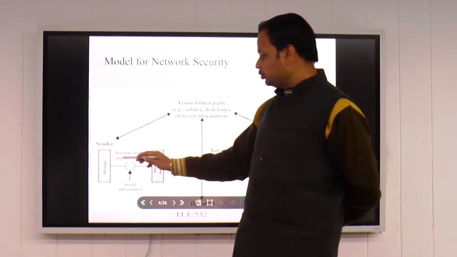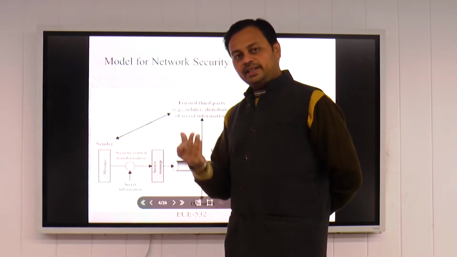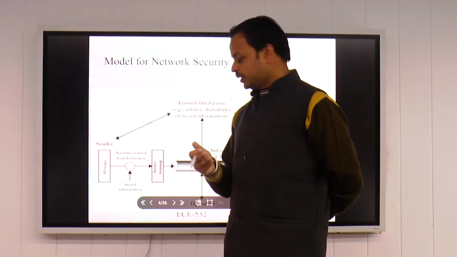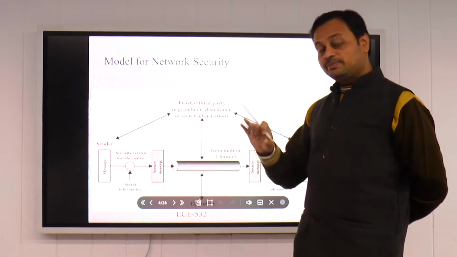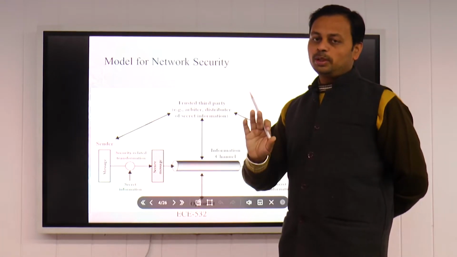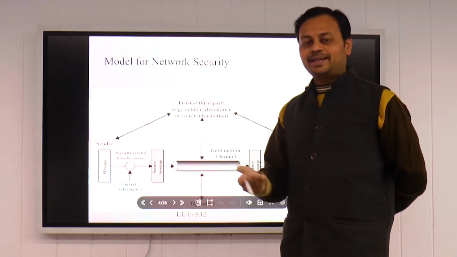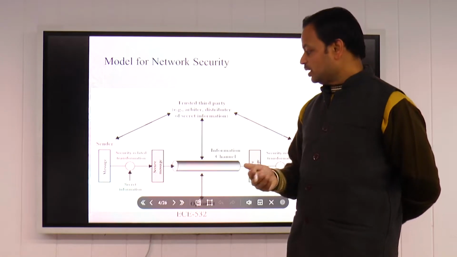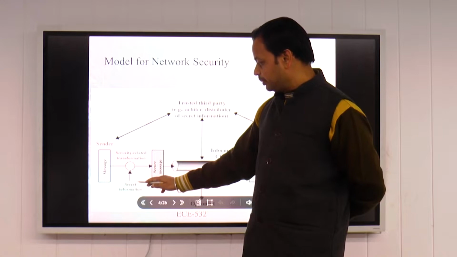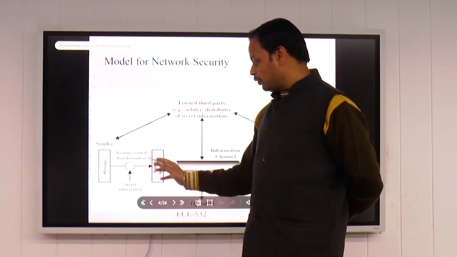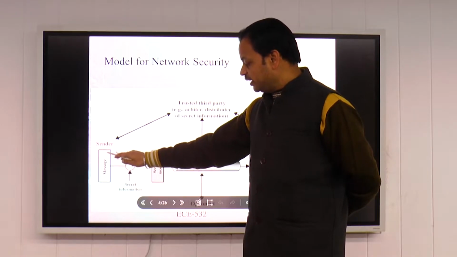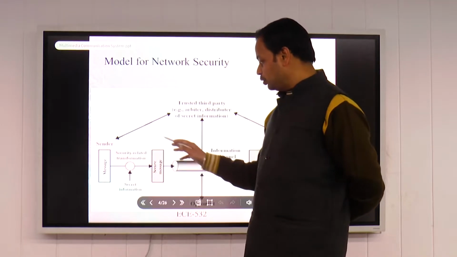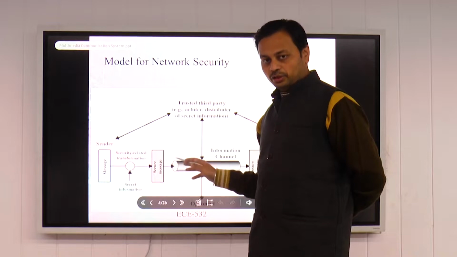For that, the sender will generate the information which we want to transmit. That will be transformed into some unreadable form, some secret message, so that nobody can read or understand the meaning of the information. That is done through some secret information which helps in transforming the information which the sender wants to transmit into a secret message, a secure message.